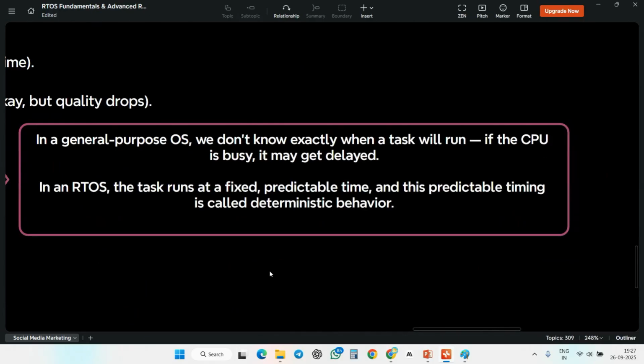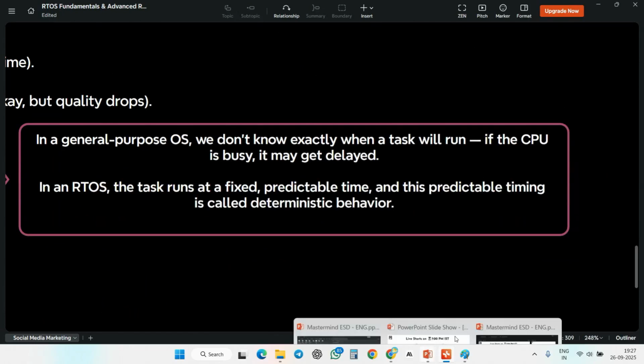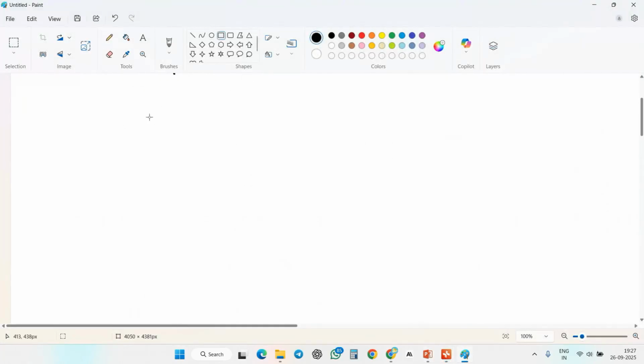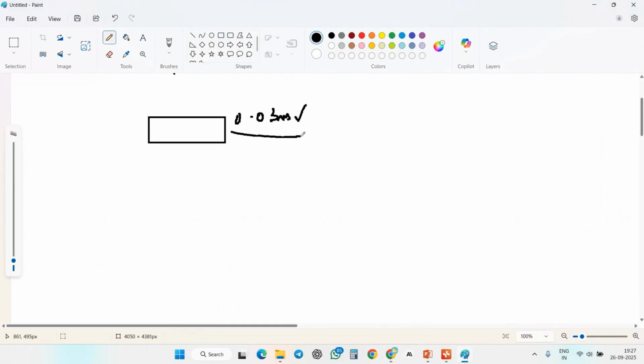In a real-time operating system, the timing is fixed and predictable. If you give a task with predictable time, it will be completed within, say, 0.03 milliseconds. So this is what we call determinism.